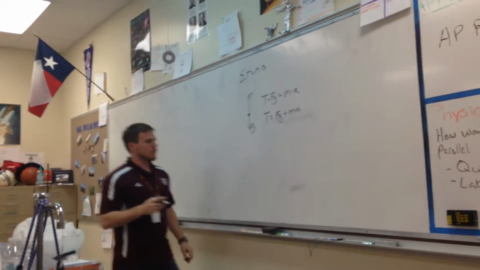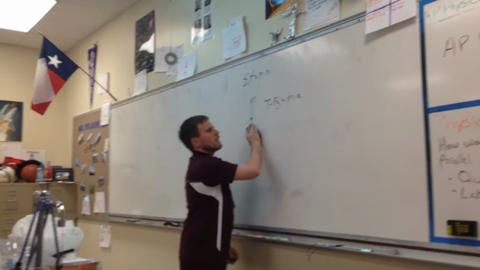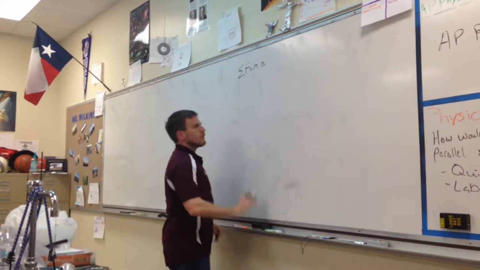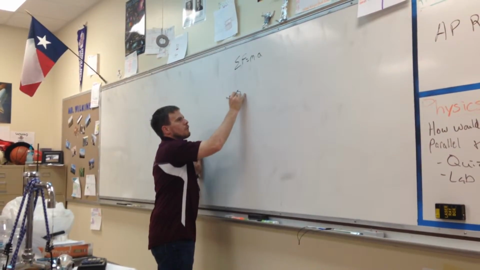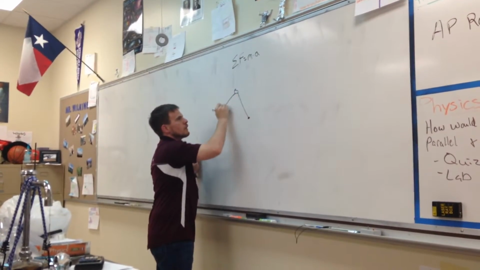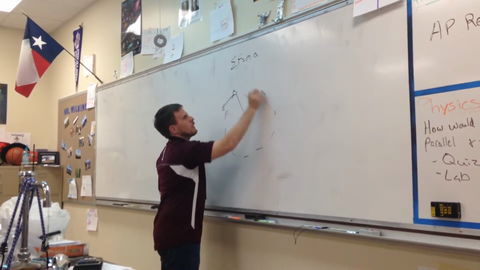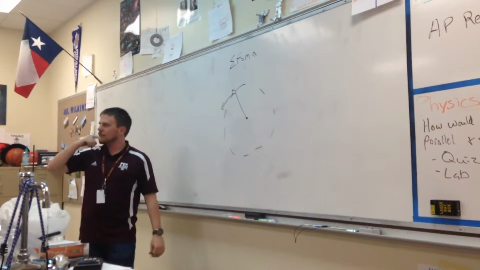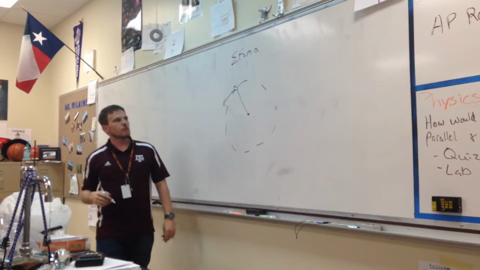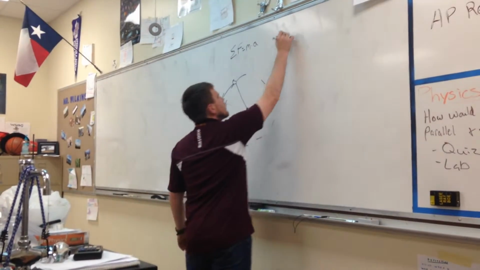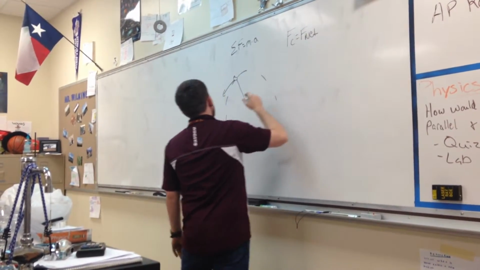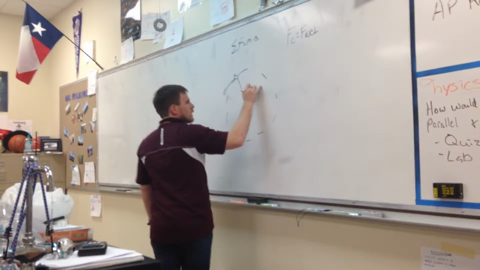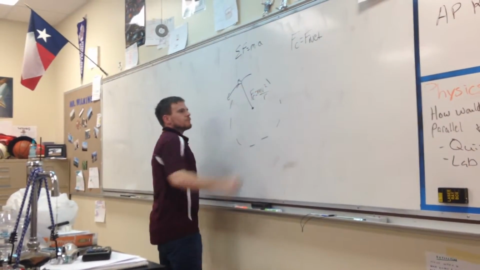Another common scenario with tension is centripetal force. So whenever you have an object that's going in a circle, remember that there is a centripetal force acting in the plane of the circle. So the centripetal force is the net force on that object, right? And the way you found centripetal force was mv squared over r.